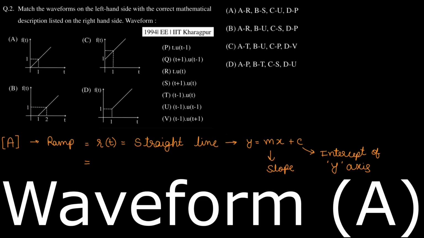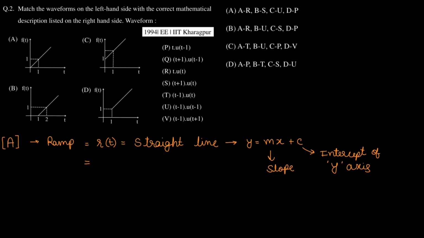Now checking from the graph, we can say that the intercept is basically 0 because the line is meeting the y-axis at 0, and slope is given by change in y upon change in x, where in this case both are 1. That means our slope is 1. Then according to this equation, we can write y equals x, or basically t.